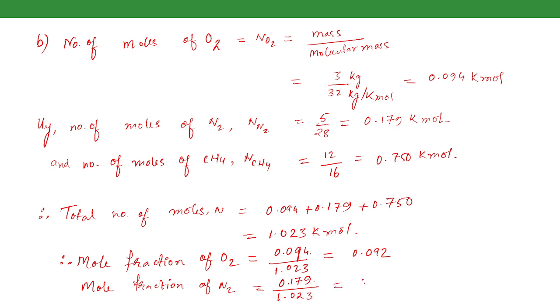So this is 0.175. And the mole fraction of methane is equal to 0.750 by 1.023, that is 0.733. So we have found out the individual mole fractions.